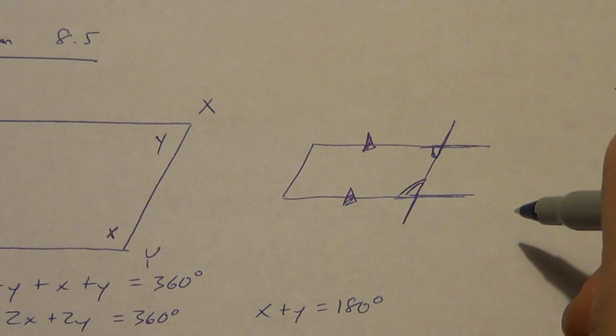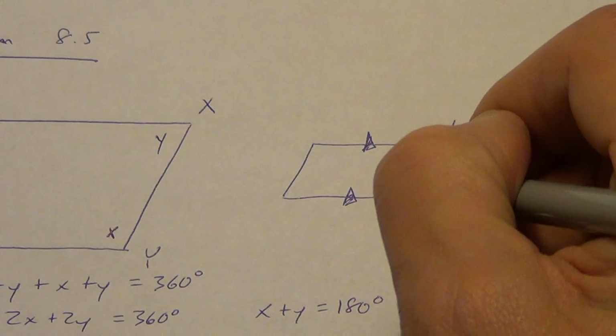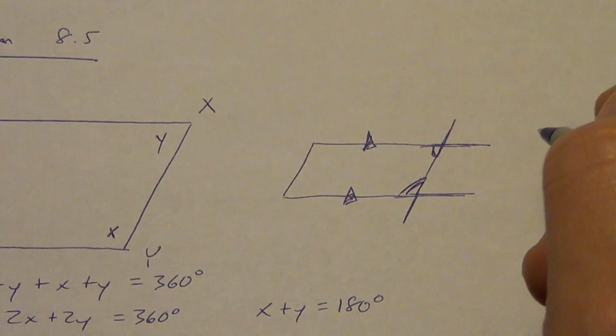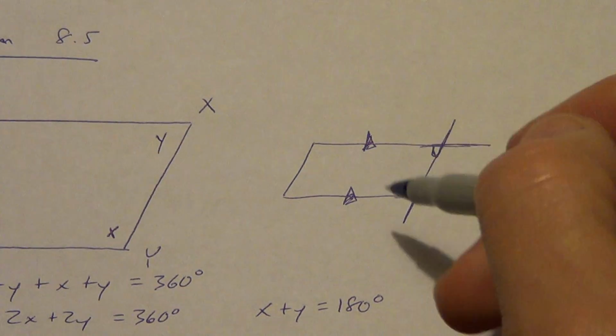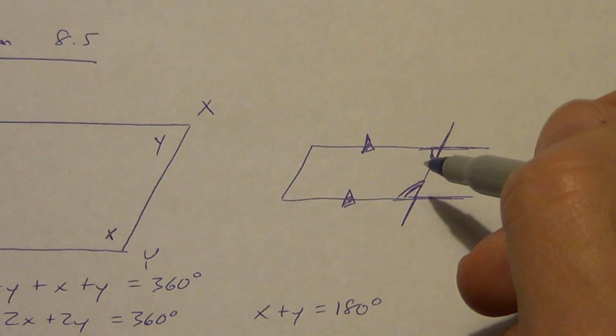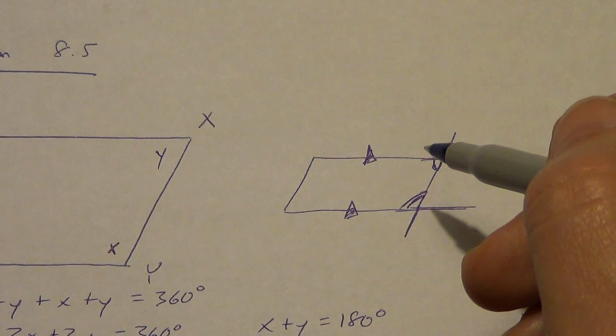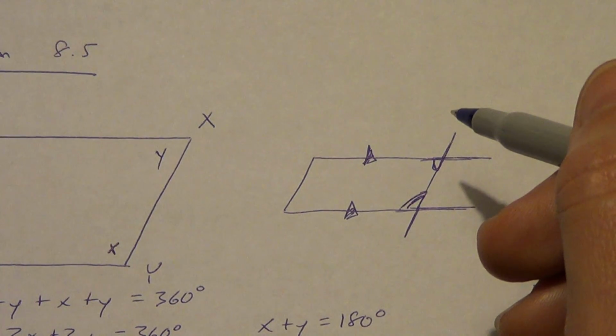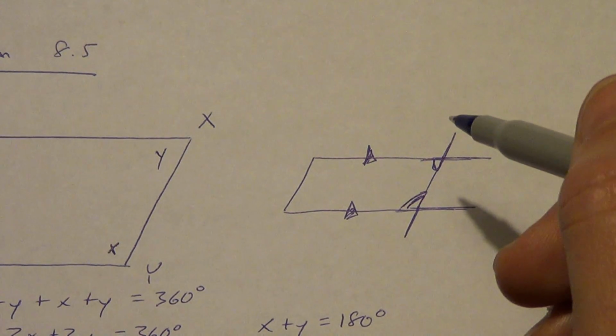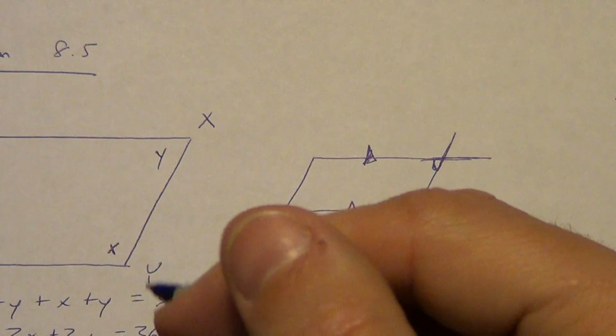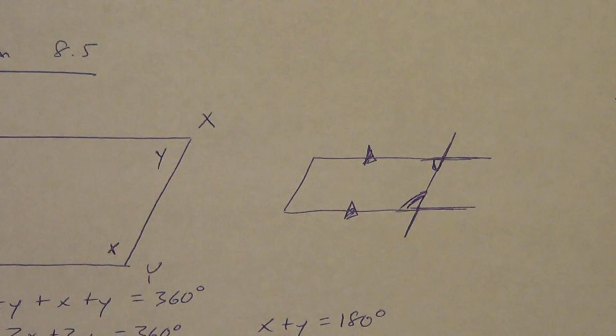They were called consecutive interior angles. And the consecutive interior angle theorem told us that they were supplementary. So really, this is just the consecutive interior angle theorem. We're just using it inside of parallelograms instead. So does it need a new name? No, not necessarily, but the book chose to call it Theorem 8.5, and didn't actually give it a name.